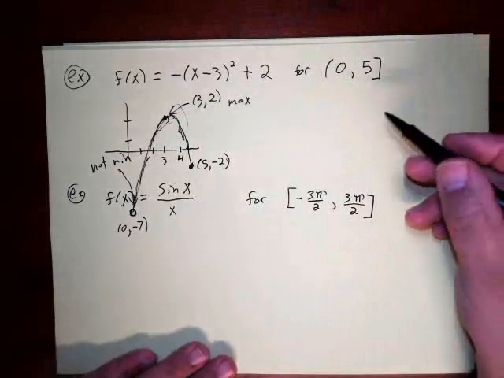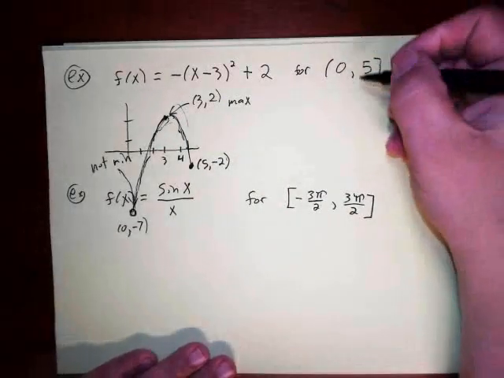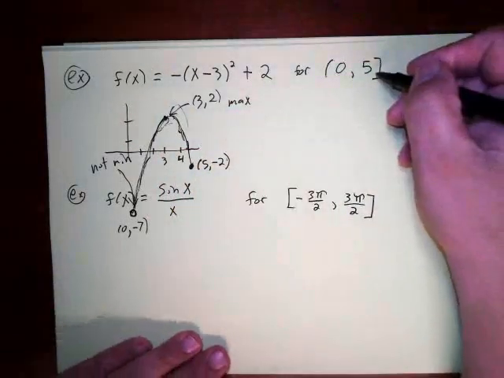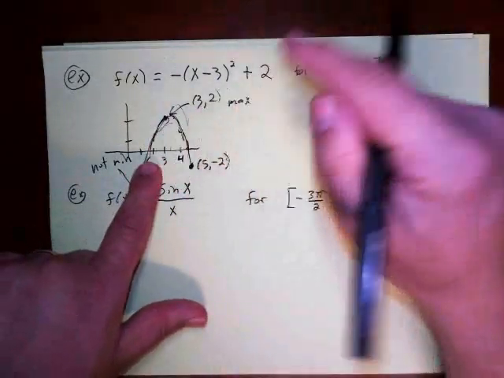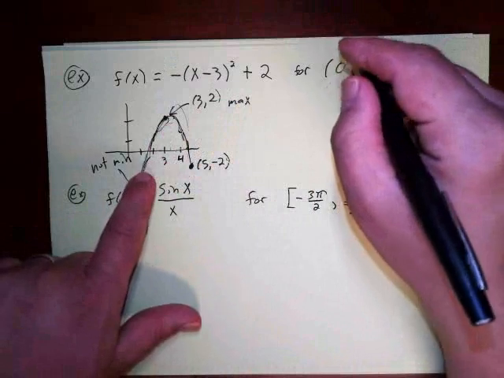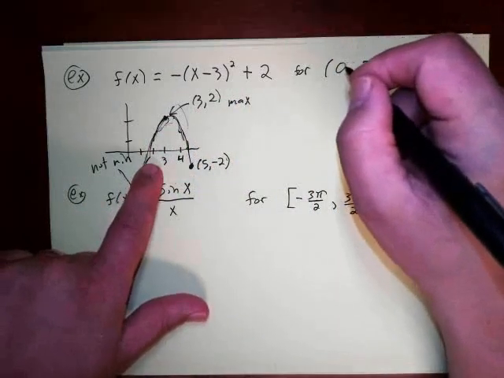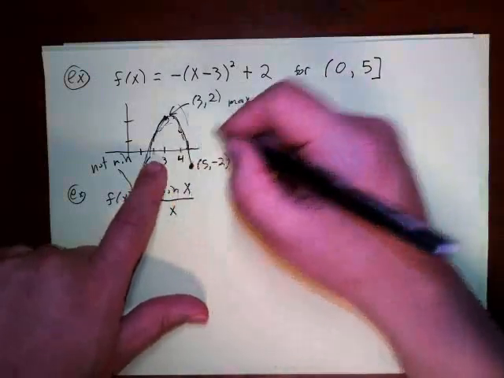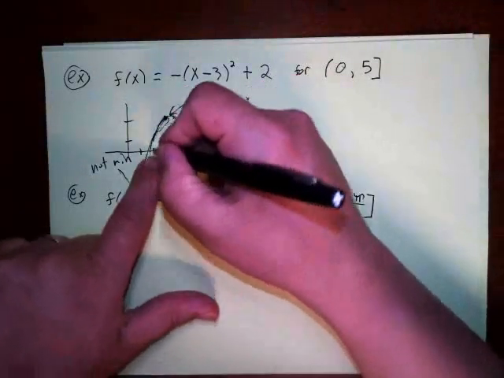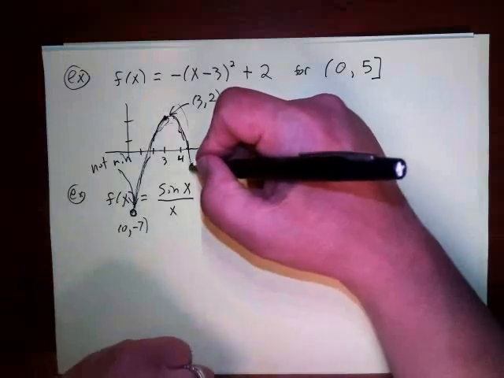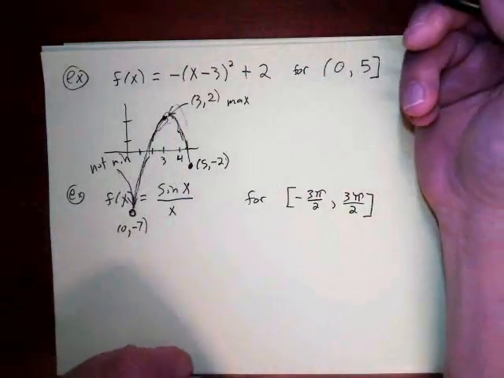Now, it doesn't mean that it couldn't have an absolute min or max. If I did 2 to 5, and 2 was an open circle, 5 would be a min in that case. This would be an absolute min and that would be an absolute max.